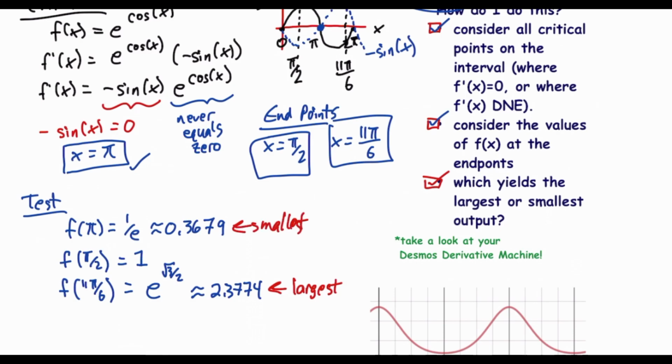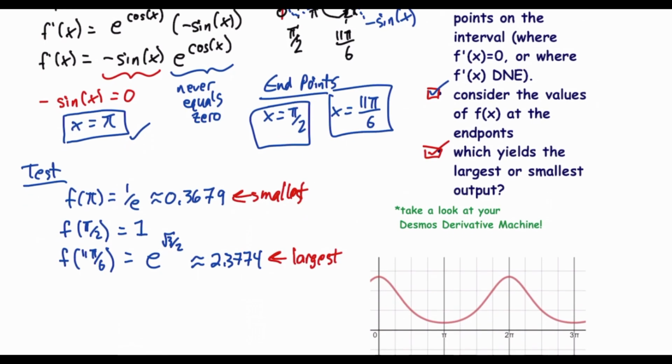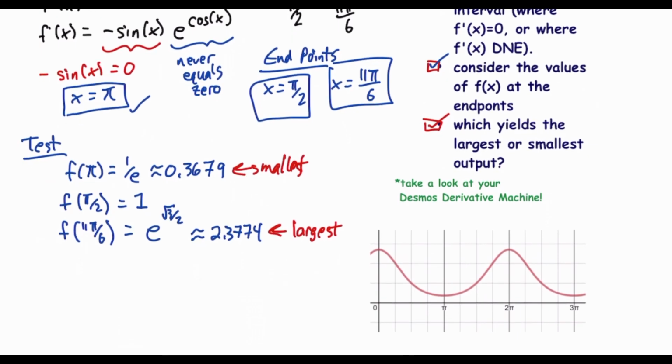So let's draw our conclusion. And then we'll be good to go. Therefore, maximum is, and let's use the exact value, e to the root 3 over 2 at x equals 11 pi over 6.